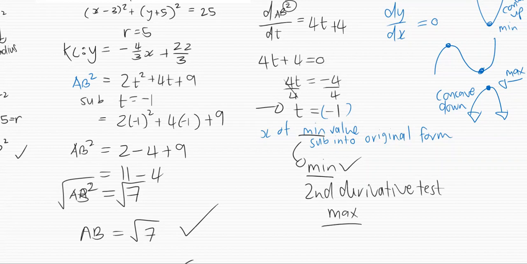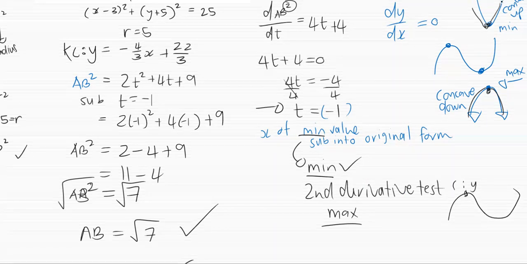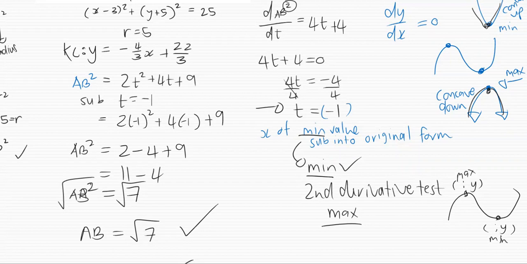So either use the second derivative test, or you can do it by inspection, looking at these smiley and frowny faces, and we can determine if the y is higher up. If our y is higher up, that's going to be the maximum value. And if the y is lower, just logically speaking, this will be the minimum value. This is the graphical representation of the calculus theory behind this.